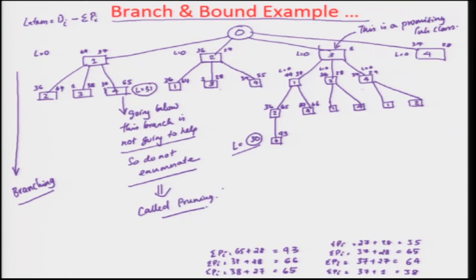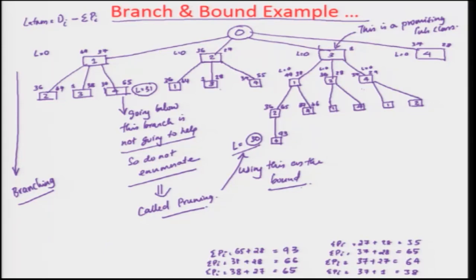What I am using is this as the bound. With this bound, this L equal to 30 that I calculated, I can stop all those branches of the tree. I can stop all those enumerations where I say, look, I do not need to expand this because my solution is not going to be better.